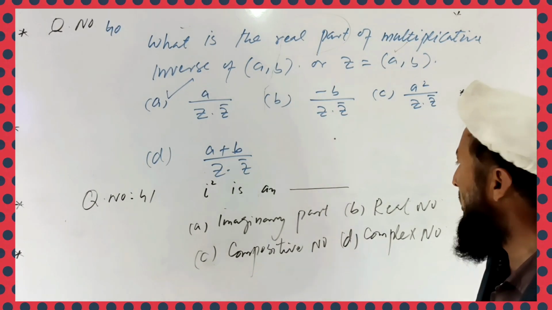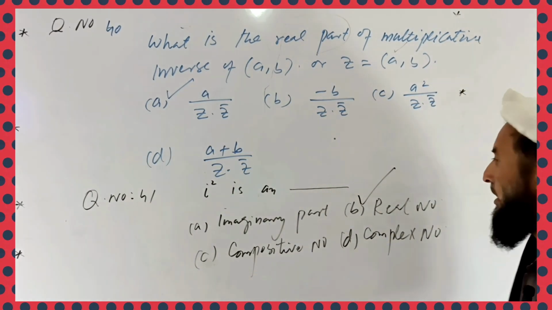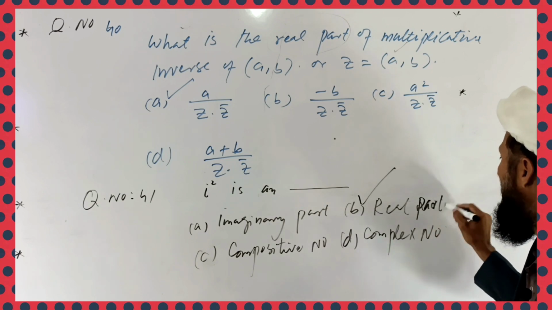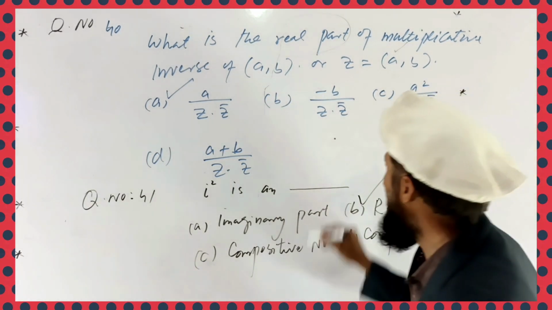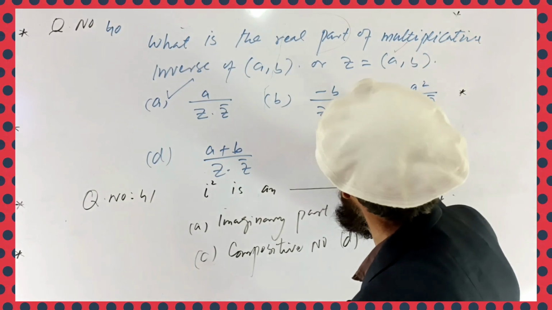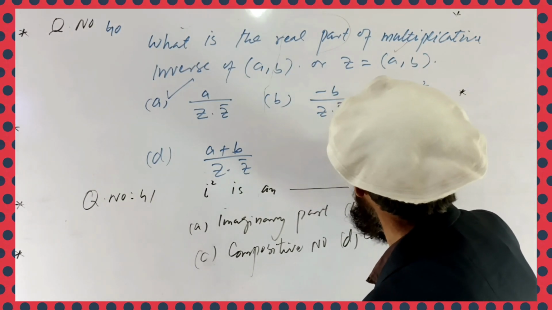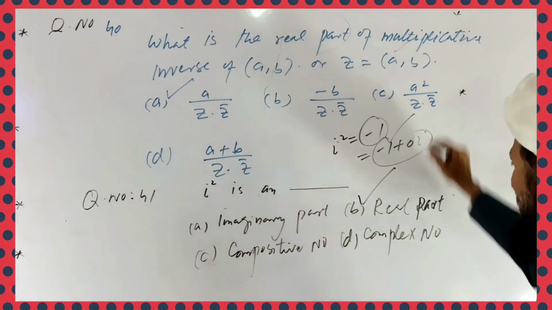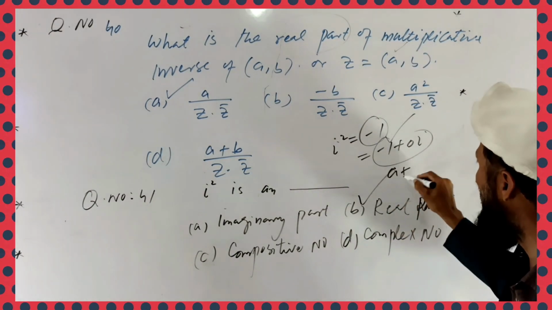So iota square is the real part, real number, real part, because we know that iota square is equal to minus 1. We can write minus 1 plus 0 iota in the form of A plus iota B. So minus 1 is the real part according to the formula.